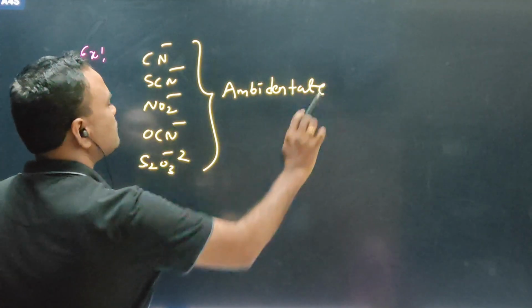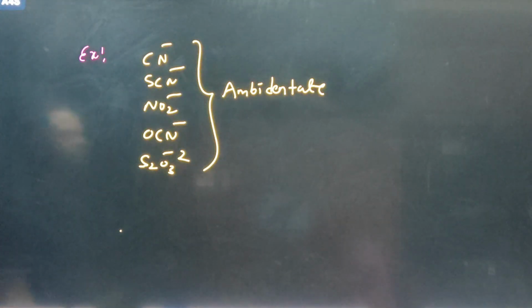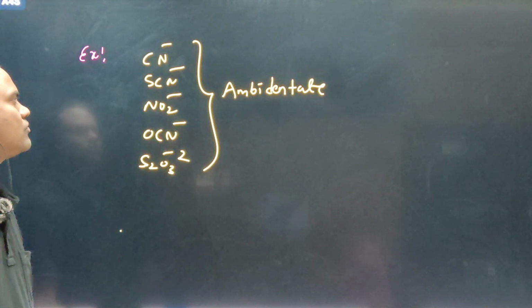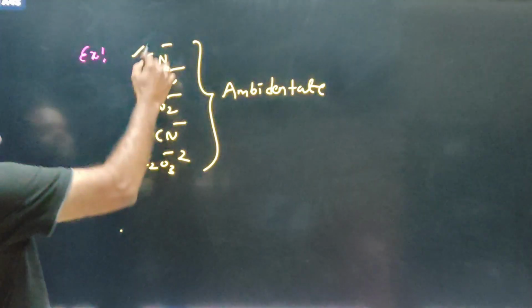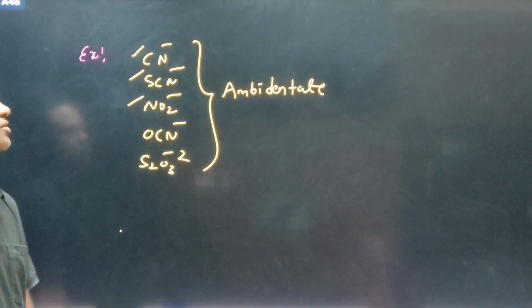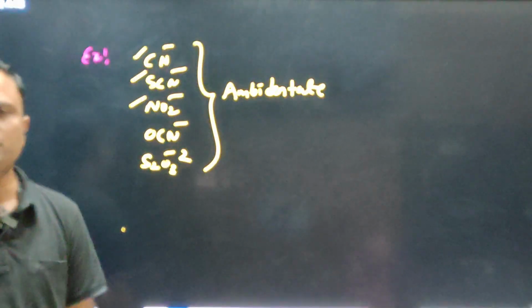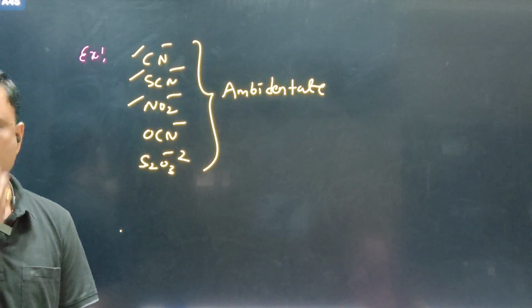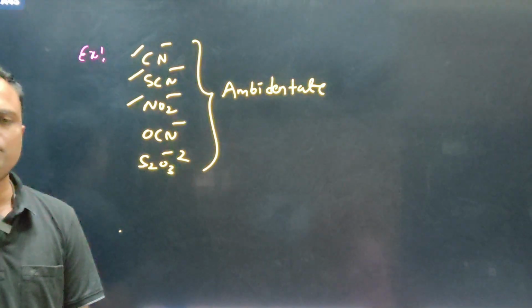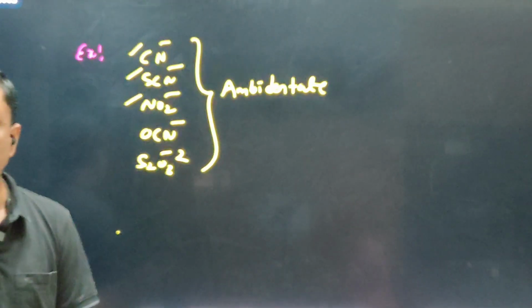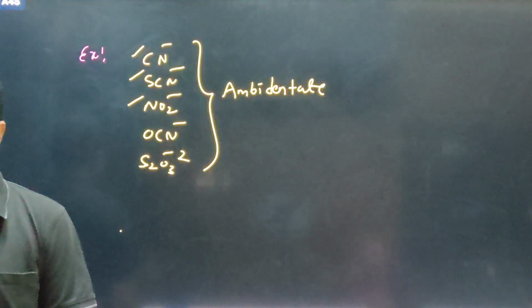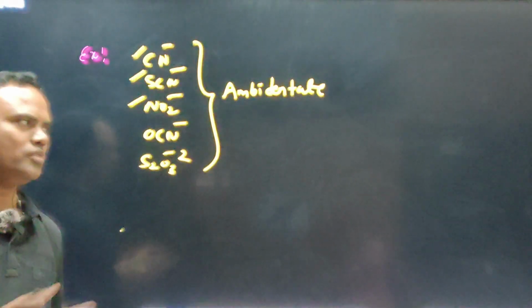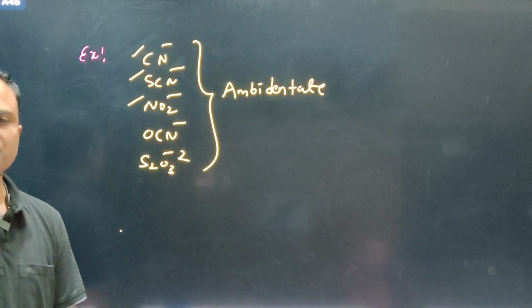Ambidentate. The first three are most important. You already learned that list in the monodentate negative category, and now you are learning them separately.